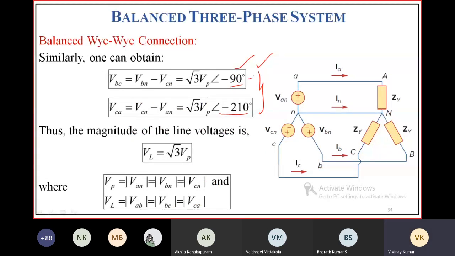Again minus 120 degrees, you will get minus 210 degrees. Finally, all phase voltages are equal in magnitude but differ by an angle 120 degrees, and all line voltages are equal in magnitude but differ by an angle 120 degrees.